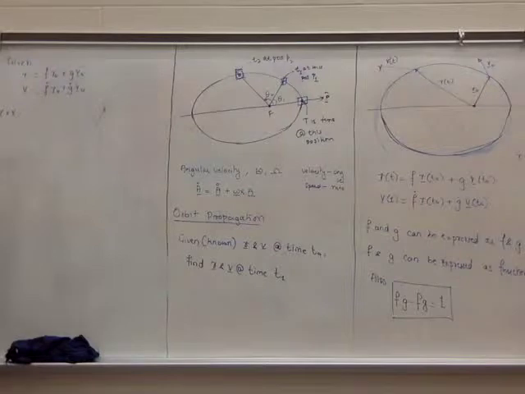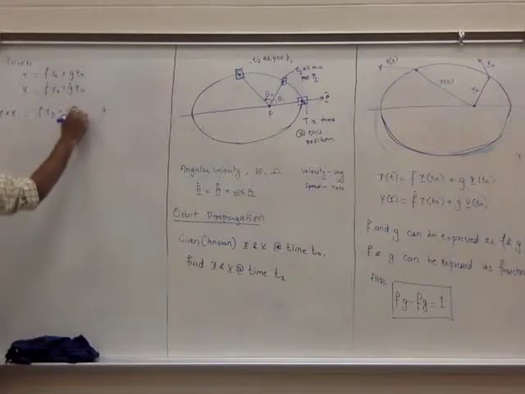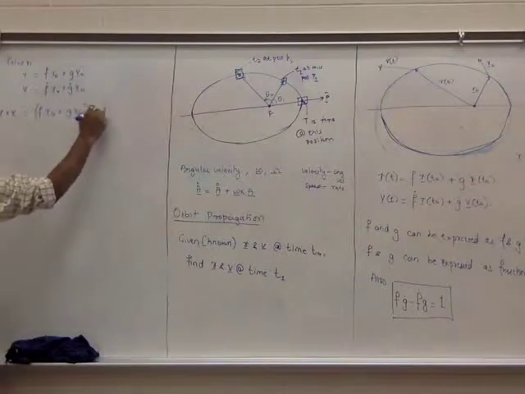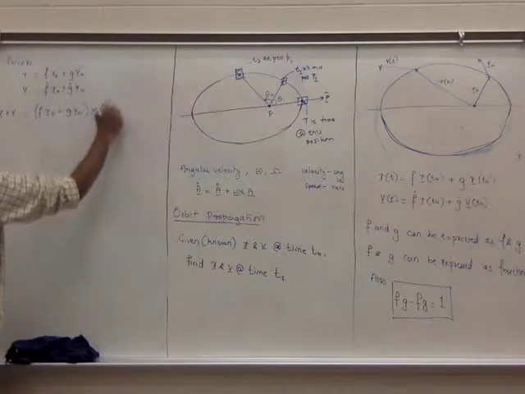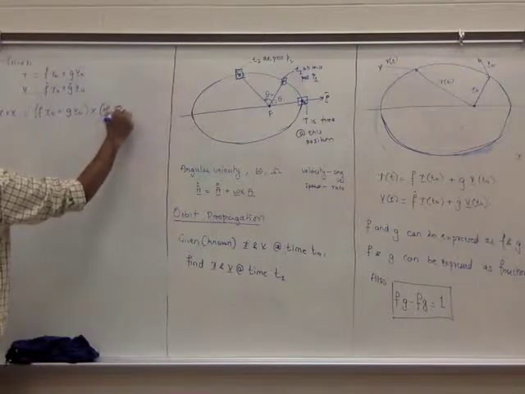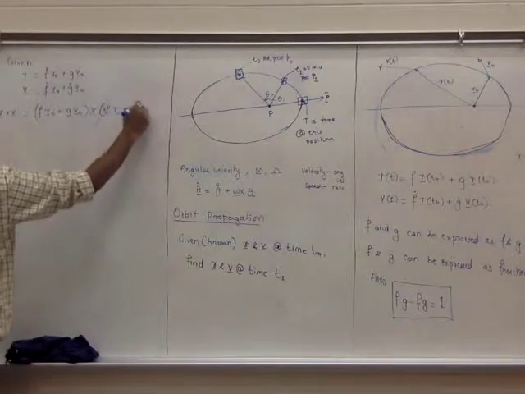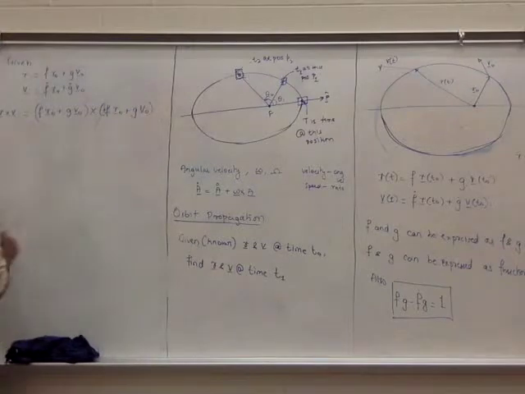Okay? So this r cross v is nothing but f r naught plus g v naught crossed with f dot r naught plus g dot v naught. Okay?